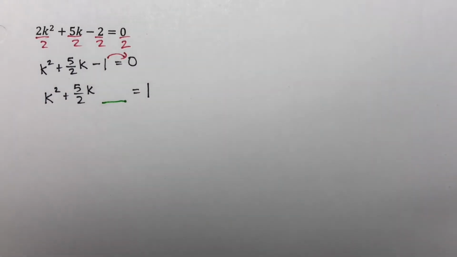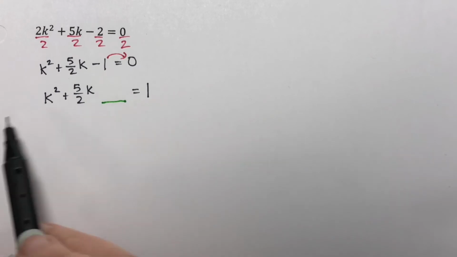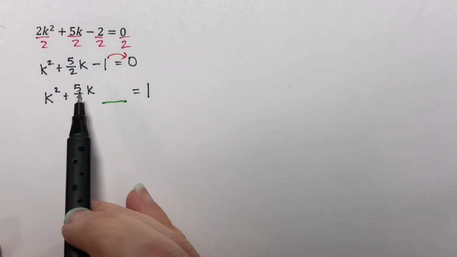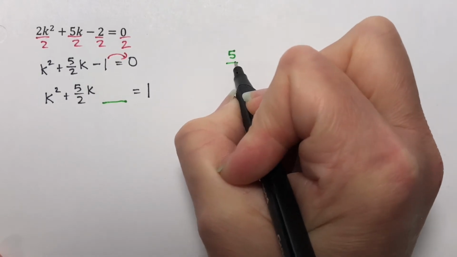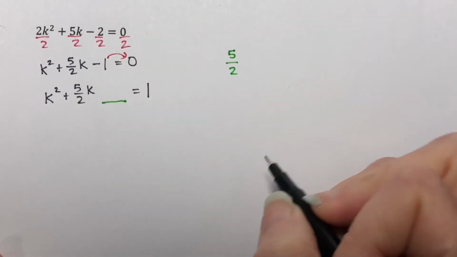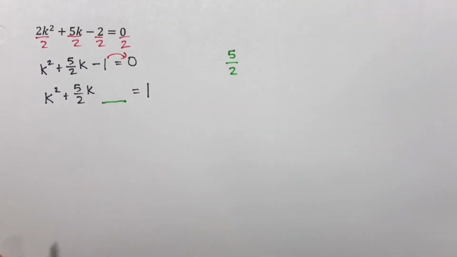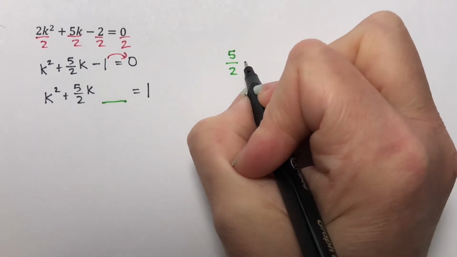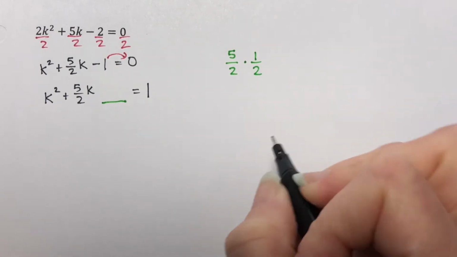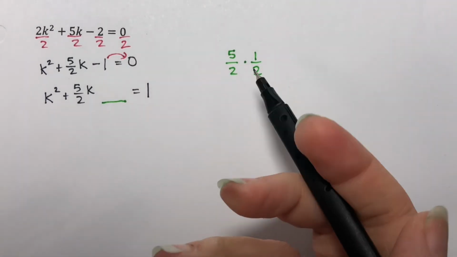Okay, so you're going to get fractions with this. It happens all the time. What we do is we take our coefficient of x, whatever it is, which is 5 halves. We're going to divide it by 2. Remember how I said we also think of it as halving it? Dividing by 2 is the same thing as multiplying by 1/2. With fractions, it's easier to think of it this way.